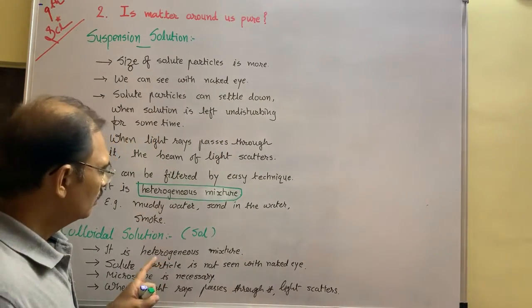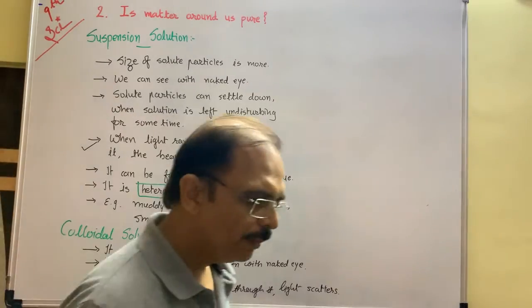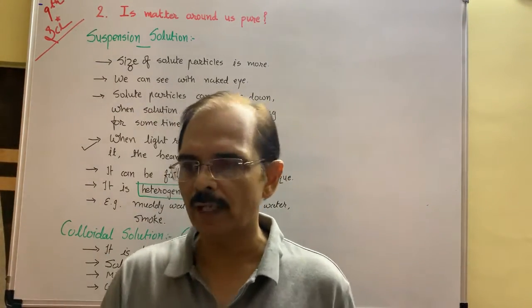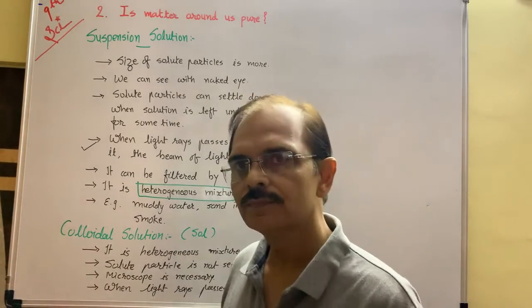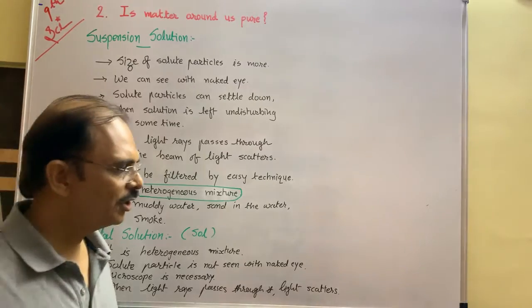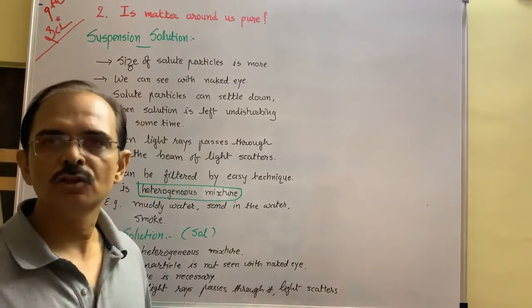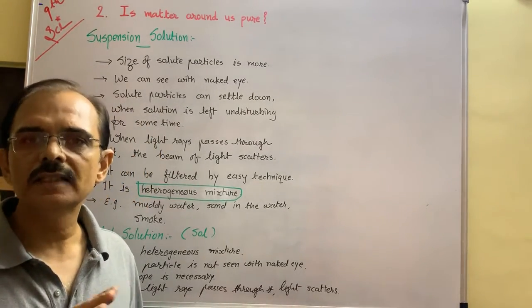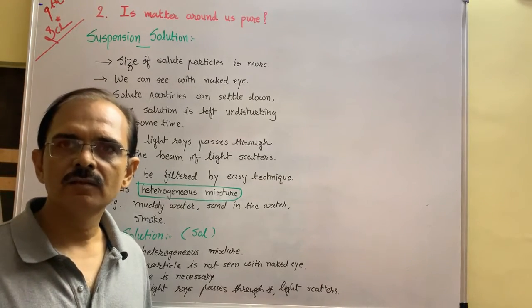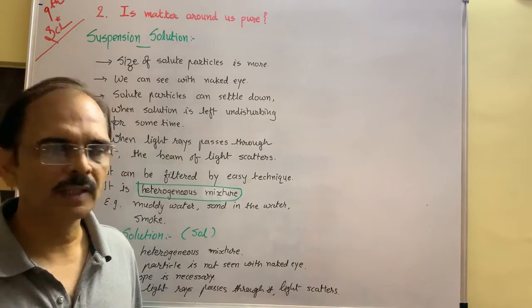Can you filter it by an easy technique? Means if you filter the milk, do the fat particles come out? No. That means filtration of solute particles is not easy. With a simple filtration technique, we cannot take out solute particles.